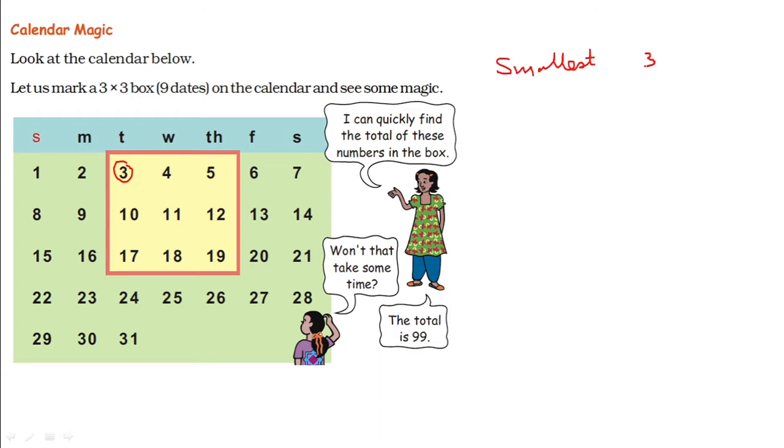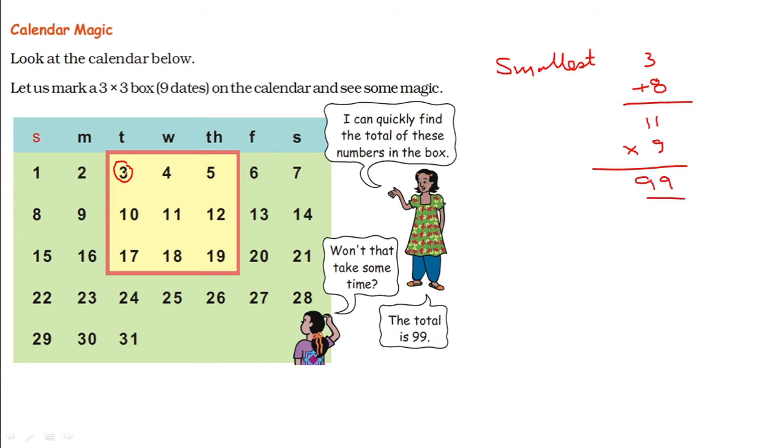3. Okay. Then what we have to do? We have to add 8 every time. Plus 8 means 11. How many numbers are there? 1, 2, 3, 4, 5, 6, 7, 8, 9. So we have to multiply it by 9. So 11 nines are 99.